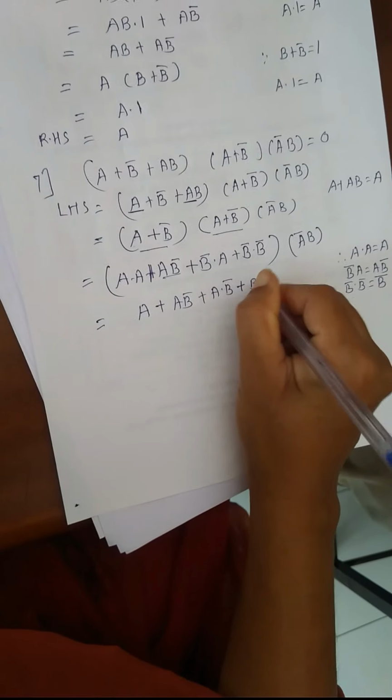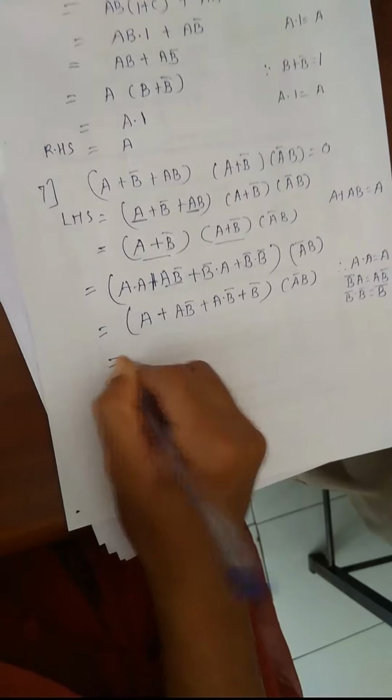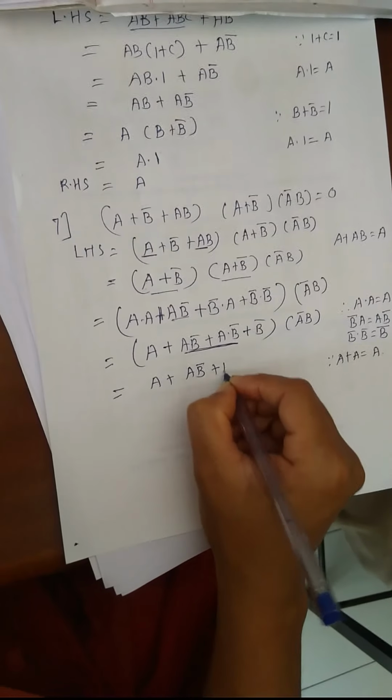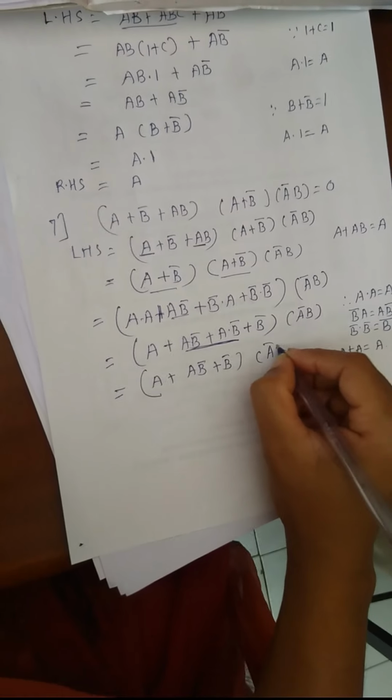So this is A B bar, A bar B. In these two terms, the same, so that law A plus A is equal to A. Since A plus A is equal to A, similarly this term A B bar plus A B bar, A plus A law applies. So this term is represented as A B bar plus A plus B bar, bracket complete, A bar B.